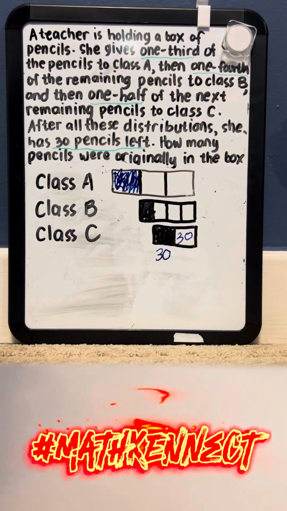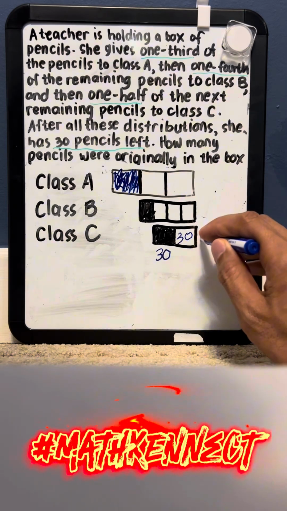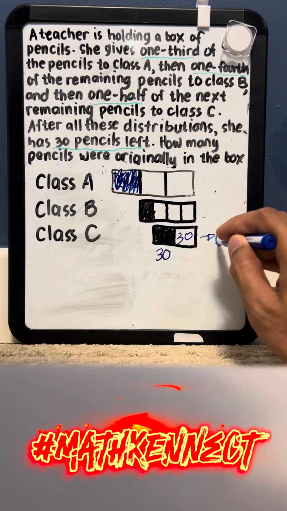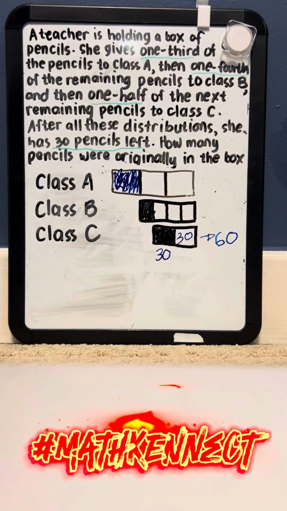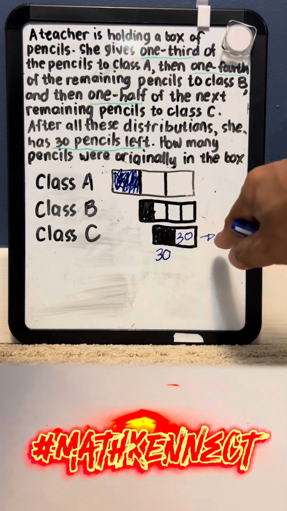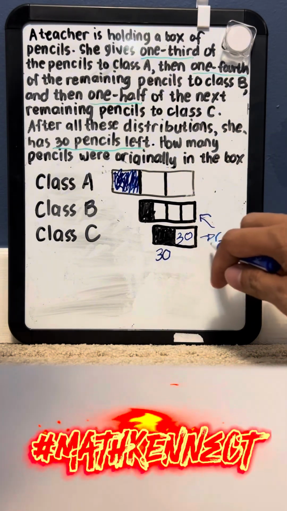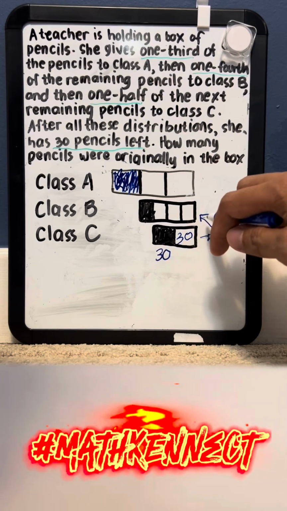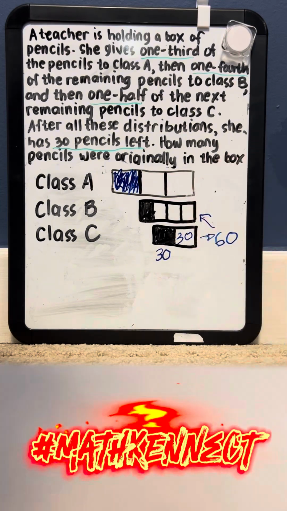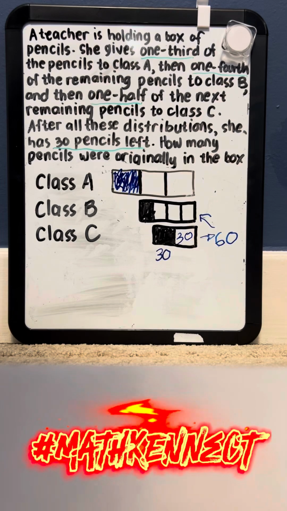So that means when the teacher brought the pencils to class C, there were 60 pencils. This 60 represents the number of pencils left from class B after distribution.